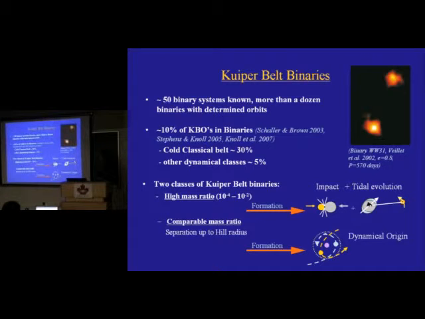Broadly speaking, we can classify these binaries into two classes. Those with a high mass ratio, so 10 to the minus 4 to 10 to the minus 2, their formation is probably similar to how we think our Moon formed. So you have an impact, and then some time evolution outward, which would then form your system. The second class consists of comparable mass ratio binaries, and they are very interesting because they are equal mass and very far apart, a large fraction of the Hill radius, which is the maximum distance that could possibly be.